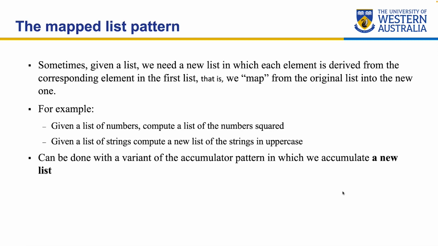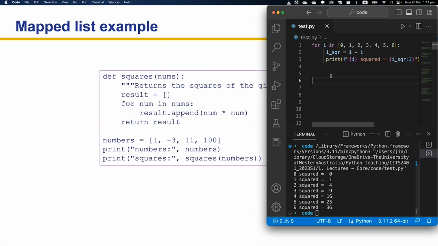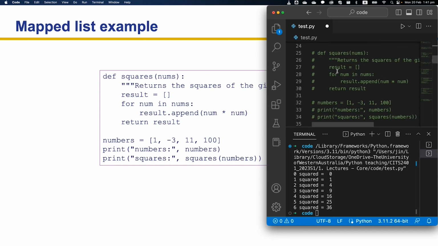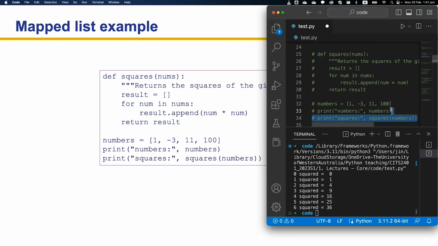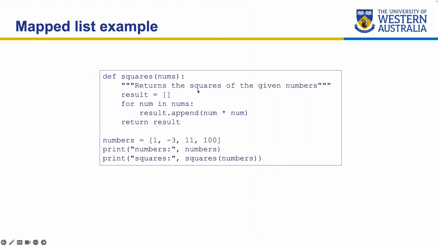Okay, so this can be done with a variant of the accumulator pattern, but instead of having a single variable, we have a variable that is a list. Here's an example, def square. We'll quickly observe the code first.